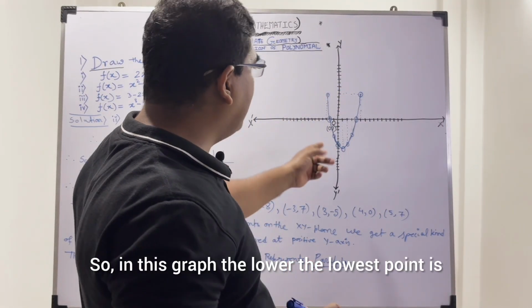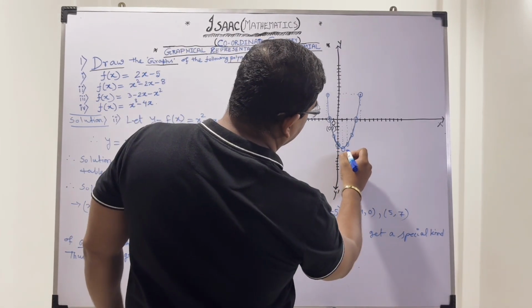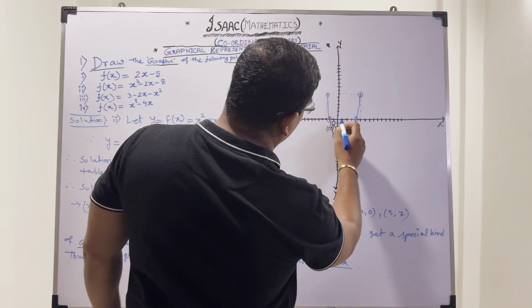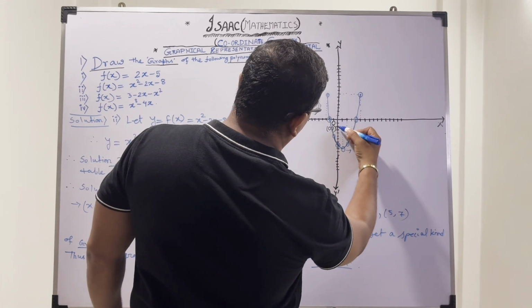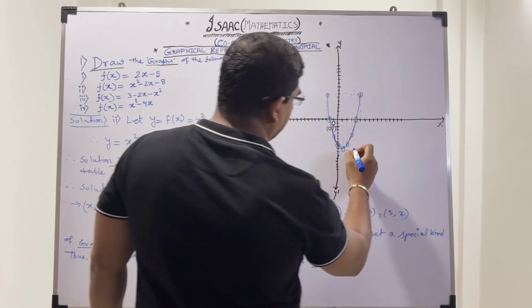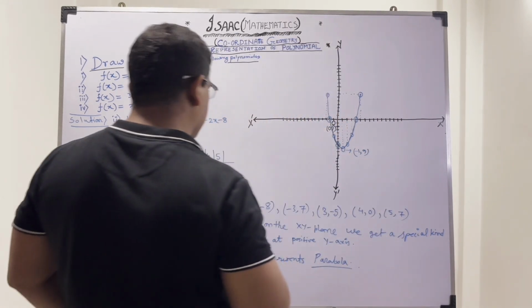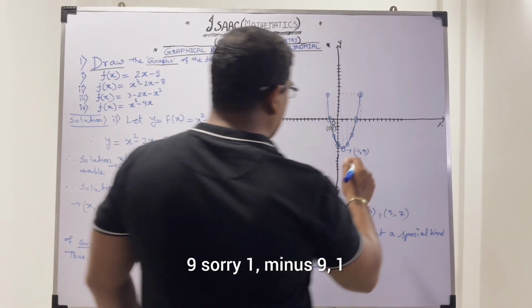So in this graph, the lowest point is 1, minus 9.